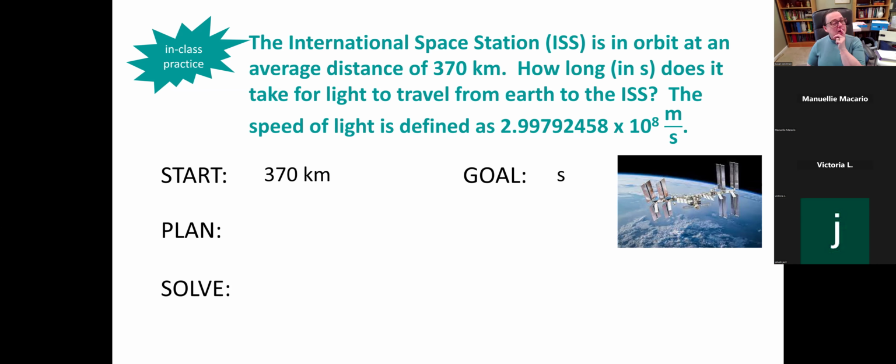So you're like, huh, if I could get to meters, then I could definitely get to seconds, because that's what the speed of light's going to help me do. So we're not necessarily developing this plan from the beginning. We're almost approaching it from the middle or from the end. We know we can get from seconds to meters because that's what the speed units are telling us. So can we get from kilometers to meters? Do we have a connection there?